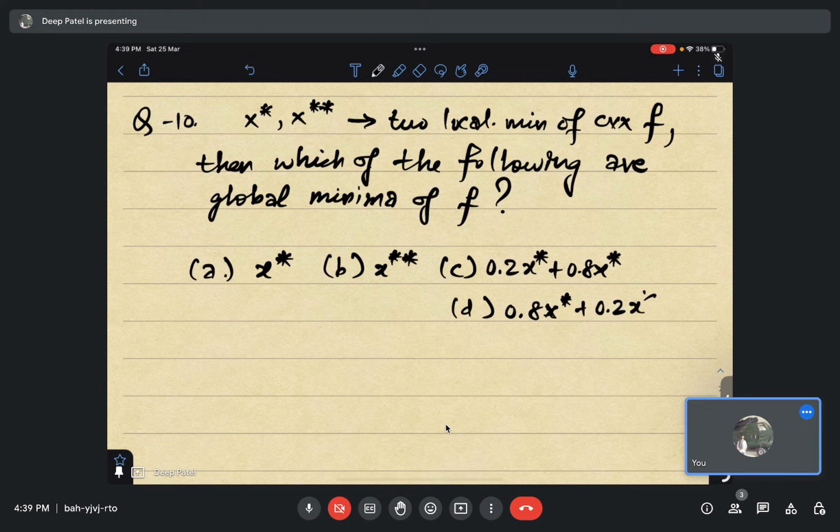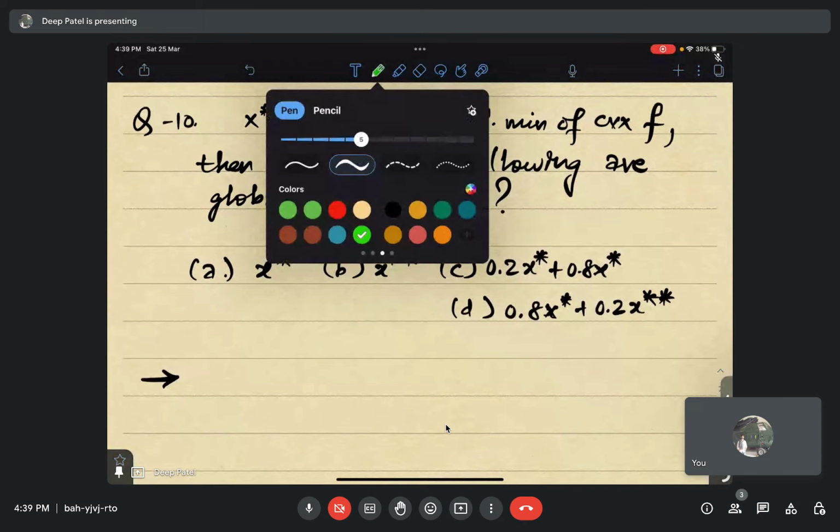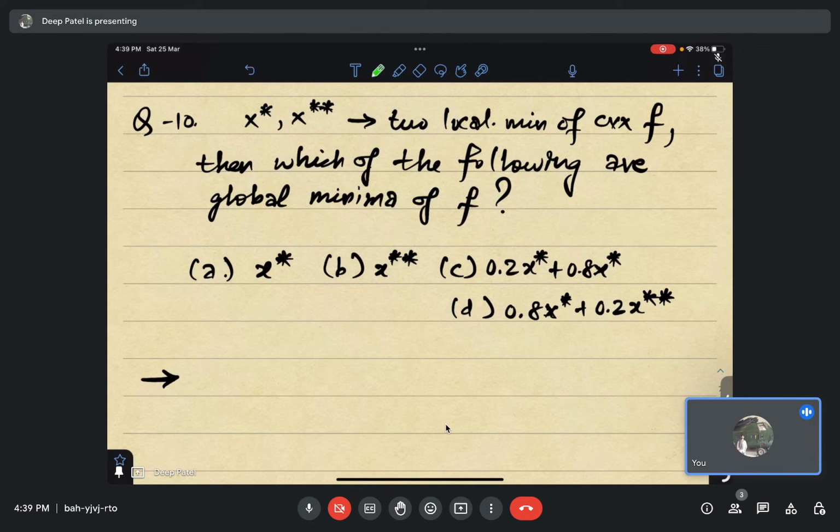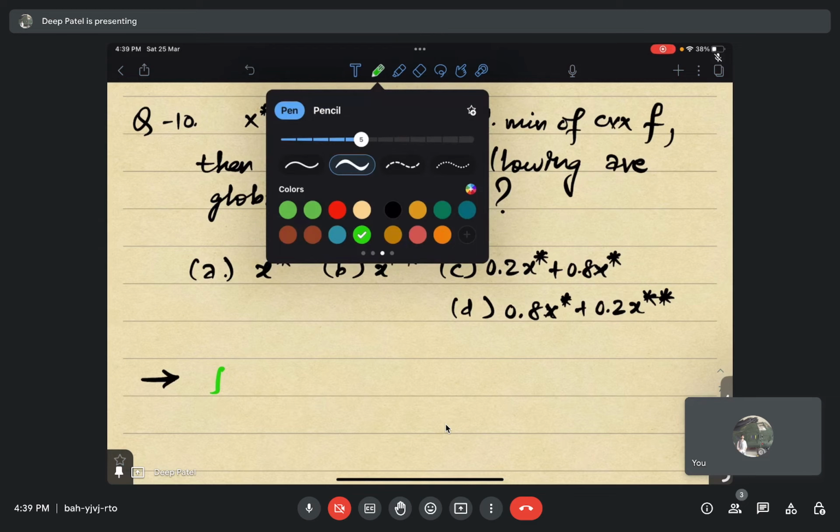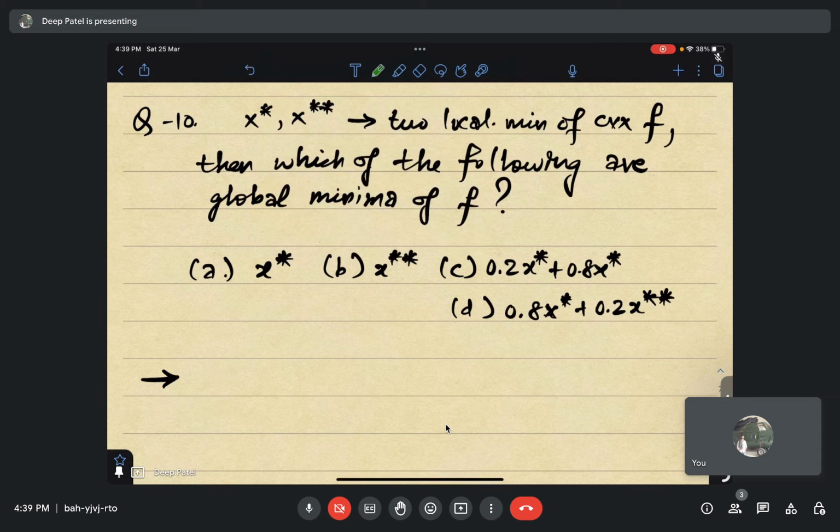Here, how to go about this? These are the two local minima. That means there is a unique global minima value, unique in the sense of value, not the minimizer. Since f is convex, x star is a global minimum, and x star star is also.